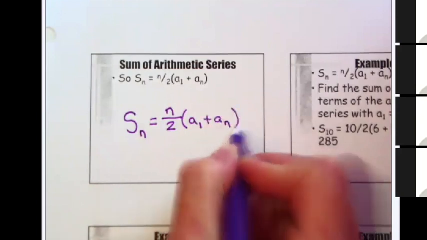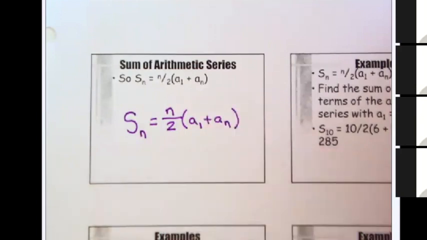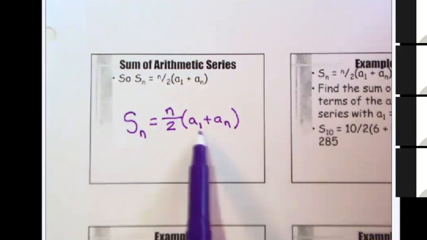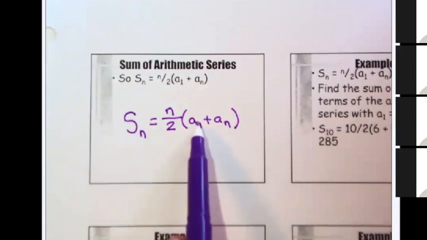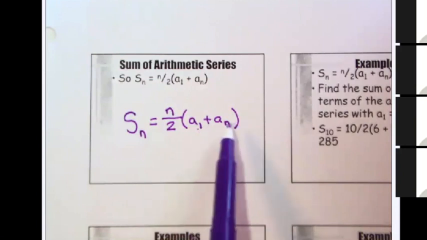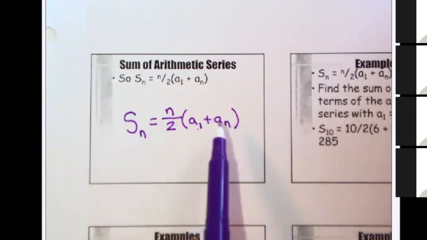And I'm just rewriting this so it looks like we would usually write it. So N is how many terms we're dealing with. These little numbers at the bottom mean the first term in our sequence, and this is the last term in our sequence.